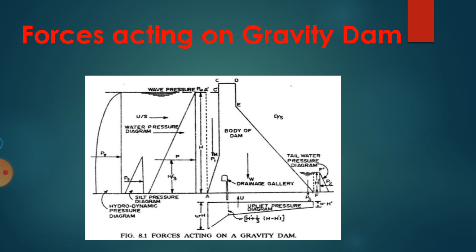Now, forces acting on the gravity dam. Various forces acting on the gravity dam are water pressure, weight of the dam, uplift pressure, ice pressure, wave pressure, silt pressure, wind pressure, and earthquake forces.